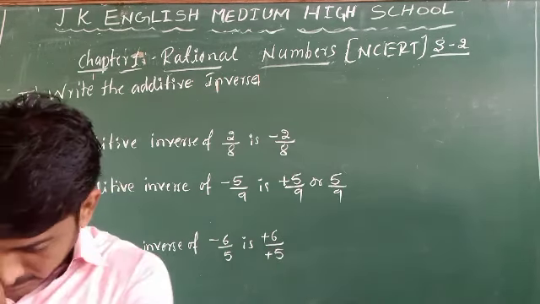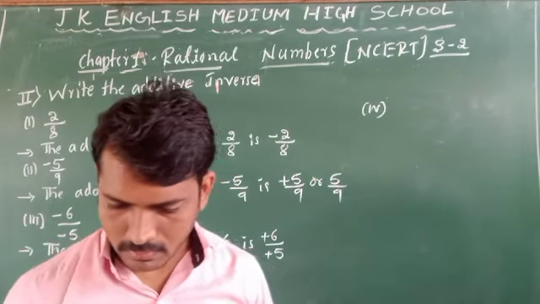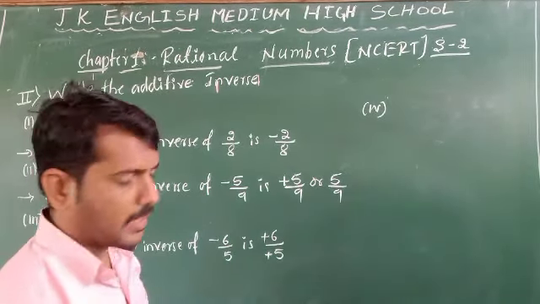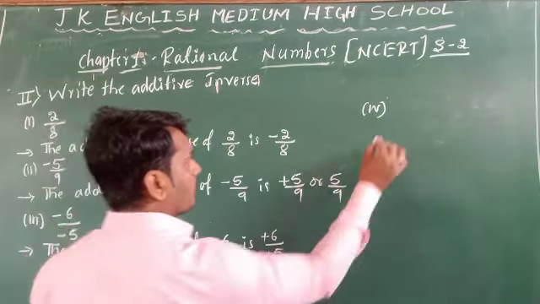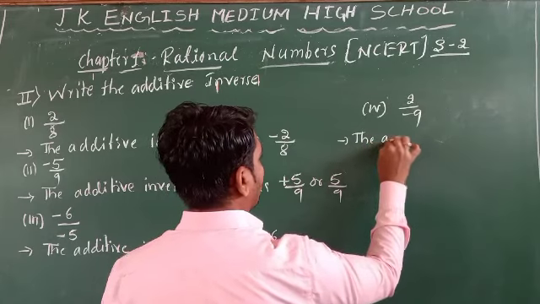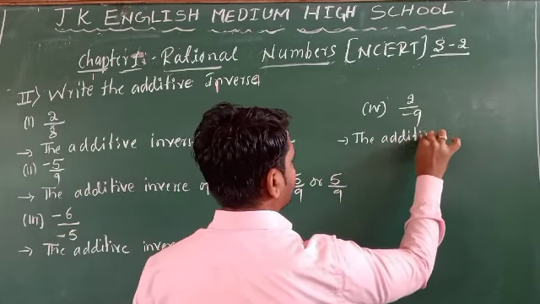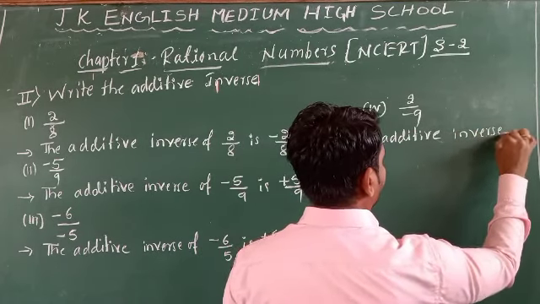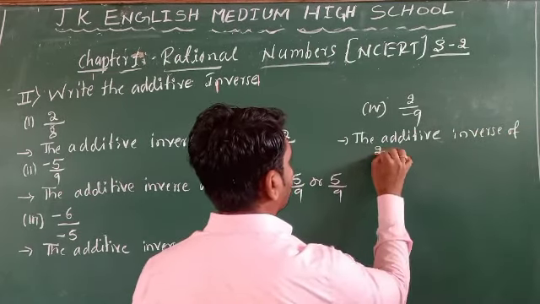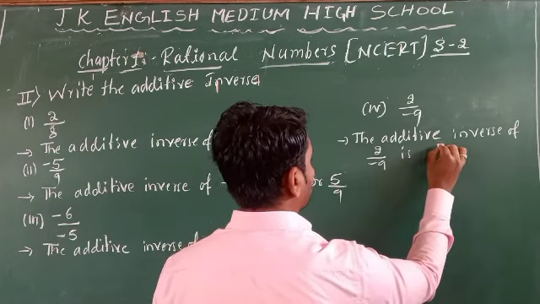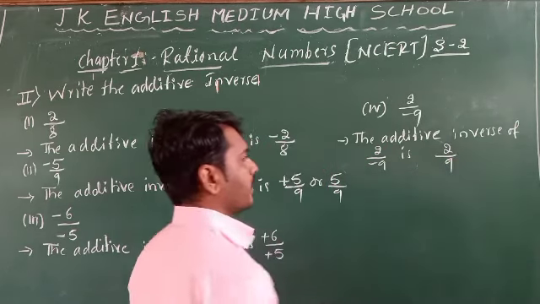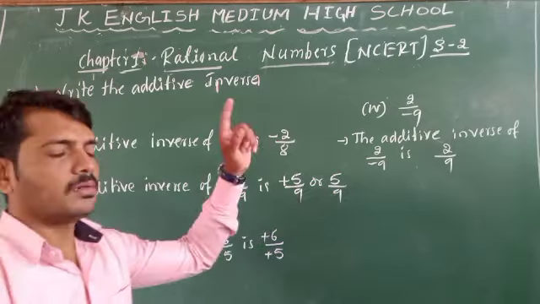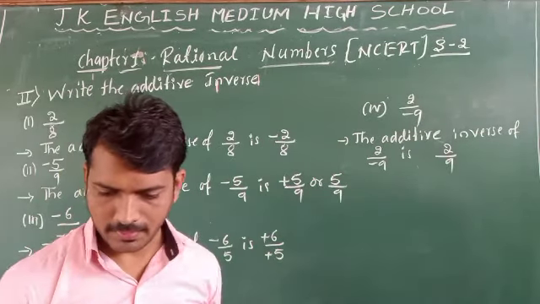Question number 4. Question number 4 is what? 2 by minus 9. I told you the additive inverse of 2 by minus 9 is what? 2 by plus 9. Just change the minus sign to the plus sign.